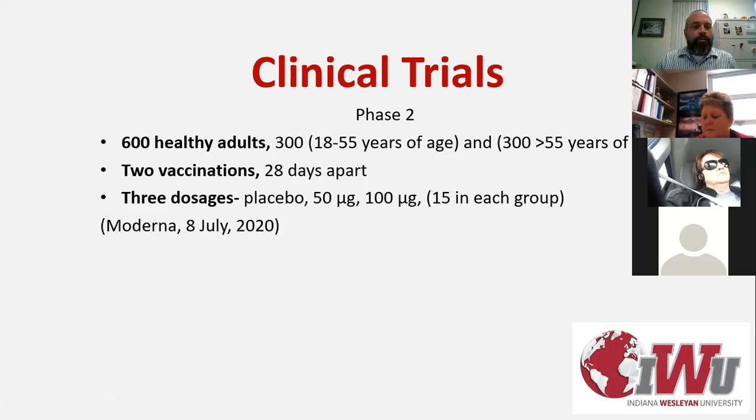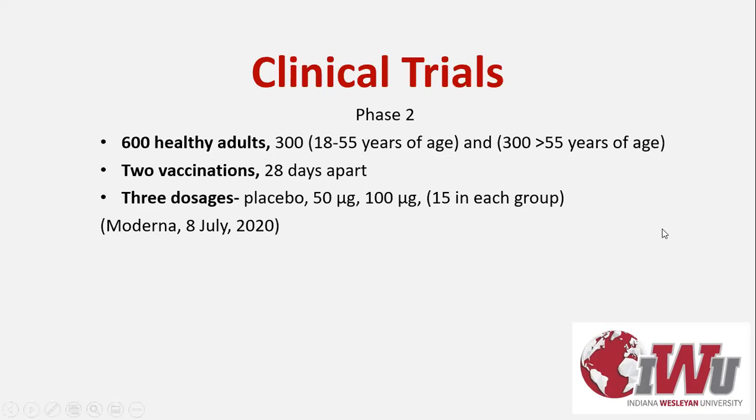So in phase two, we went from about 100 people out to about 600 healthy adults. And those are broken into 2 age groups, as you can see, 300 people between 18 and 55 and 300 who are over 55.